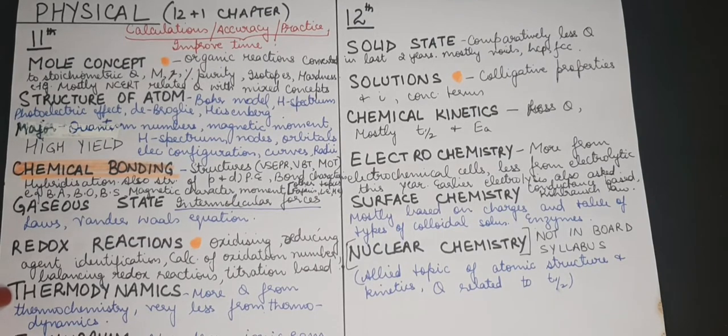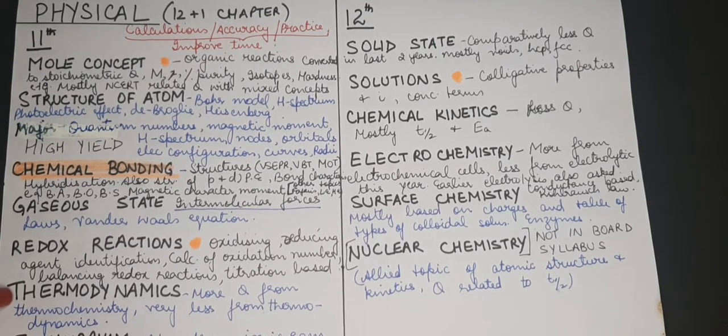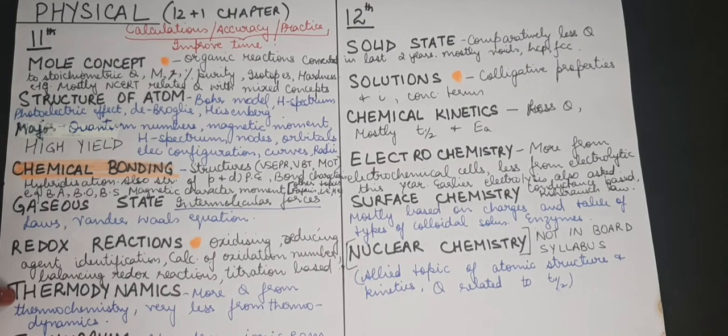Thermodynamics: this year it was observed more questions were from thermochemistry and fewer from thermodynamics. Thermochemistry means questions based on the various kinds of heats, heat of formation, and delta G, delta H, delta S comparisons, the Gibbs energy equation.